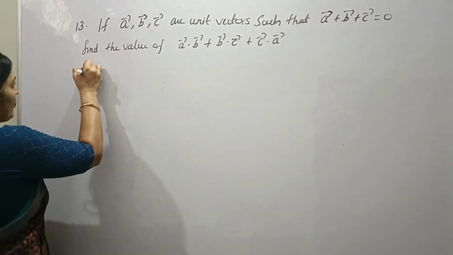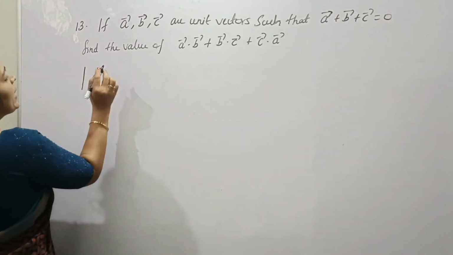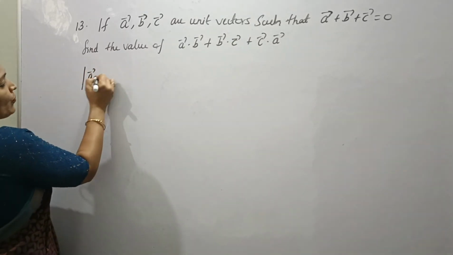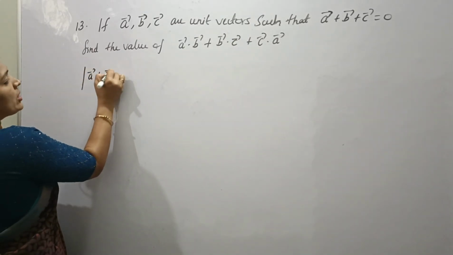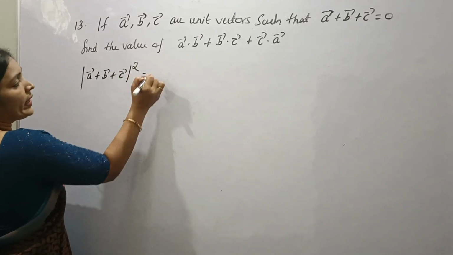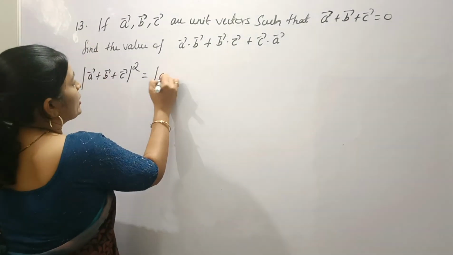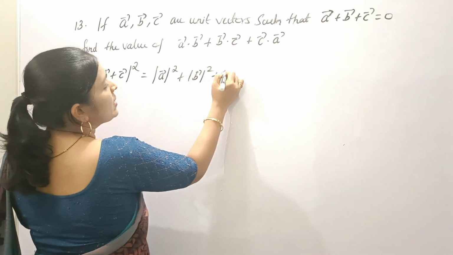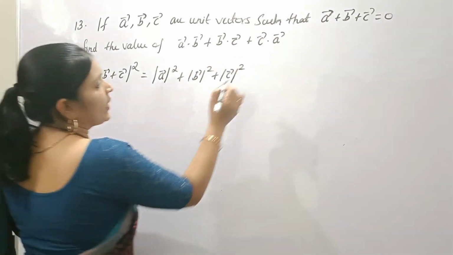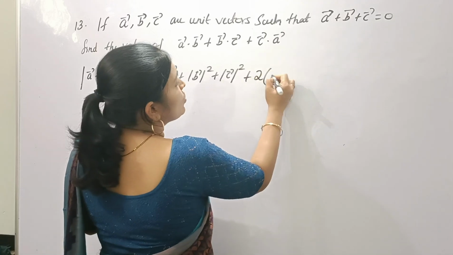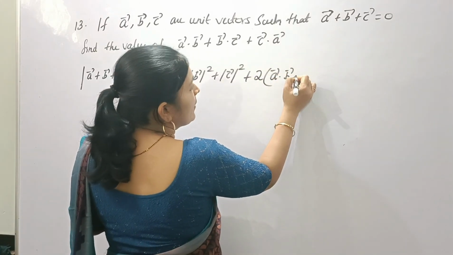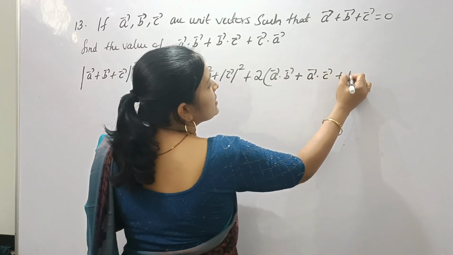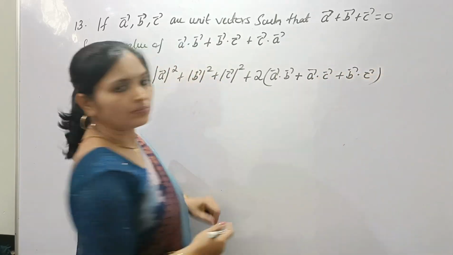So here we can apply a property of vectors: modulus of vector a plus vector b plus vector c whole square is equal to modulus of vector a square plus modulus of vector b square plus modulus of vector c square plus 2 into vector a dot vector b plus vector a dot vector c plus vector b dot vector c.